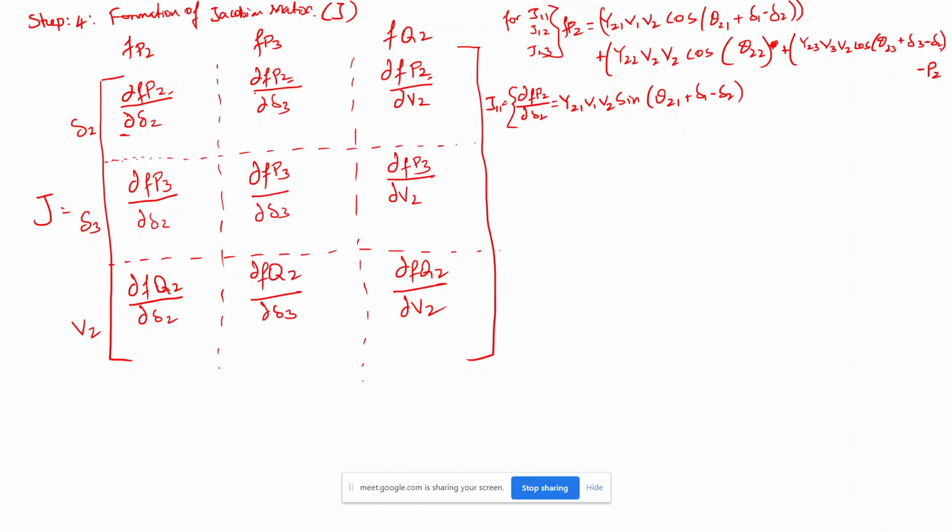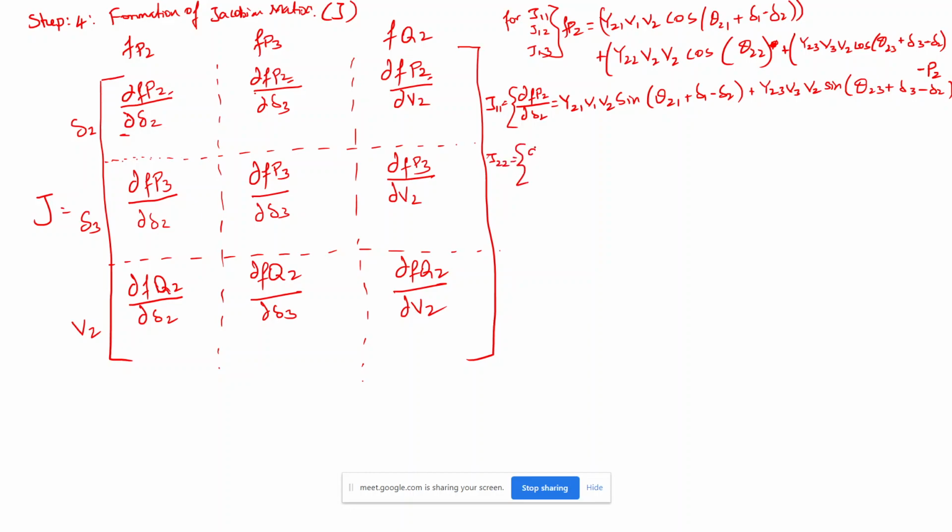Here you can see there is a delta 2, again minus delta 2, and if you differentiate this cos, you will get a minus sign, and already there is a minus here, so it will be plus Y23 V3 V2 sin theta 23 plus del 3 minus del 2, and P2 is constant, so it will be 0. So this is the value for J11.